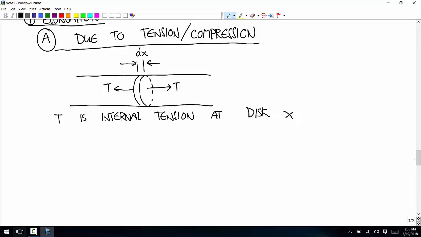In this case, when it's in tension, that disk is going to go from a thickness of dx to a slightly larger thickness that we're going to call dx plus du. Well, the change in thickness is going to be du.